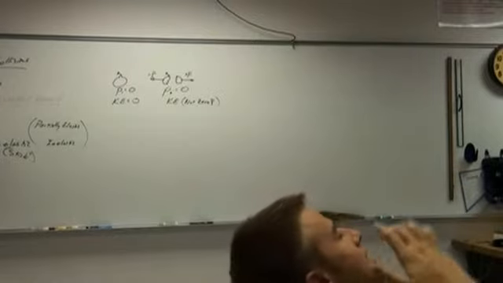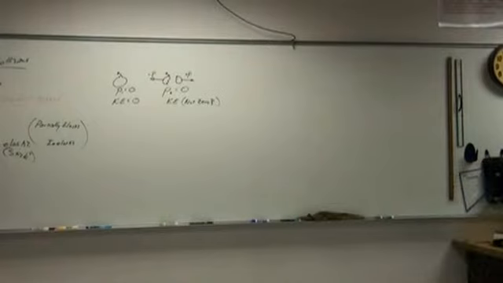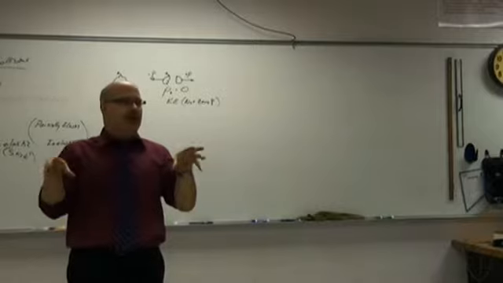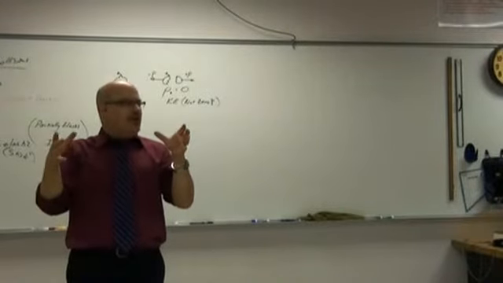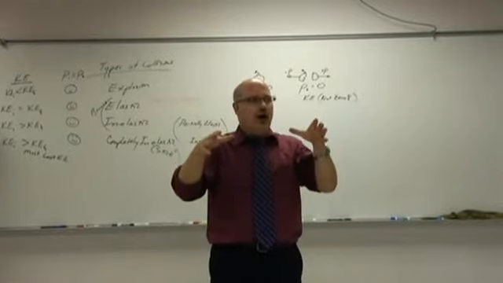Okay, if they're inelastic, what would happen? Gas molecules floating around the room hit the wall. They lose some of their kinetic energy and slow down. And hey, wait a minute. If the gas molecules lose kinetic energy, what does that mean? They lose their temperature, right? They cool off.